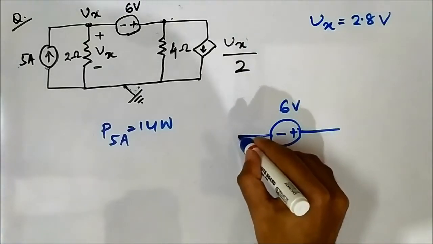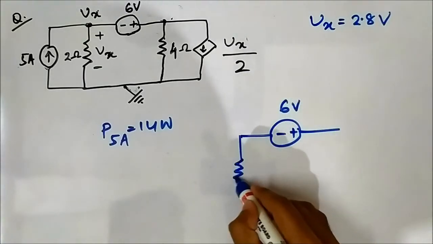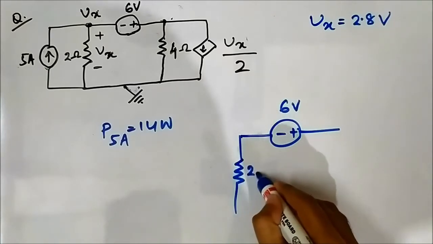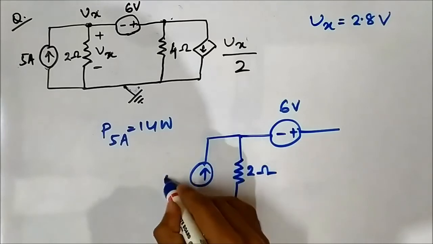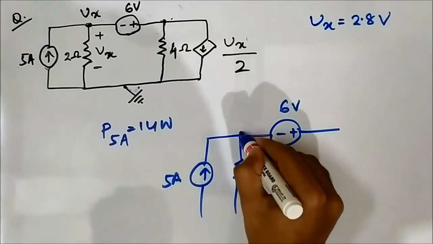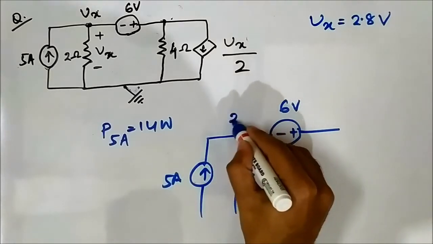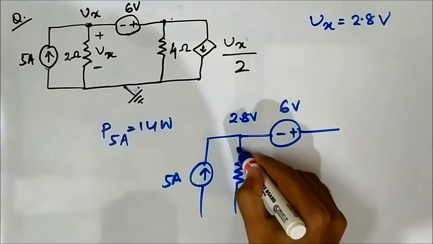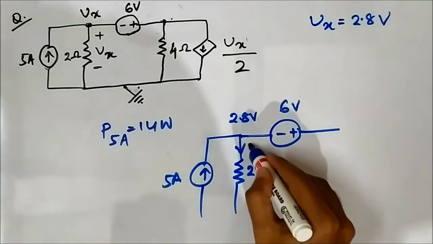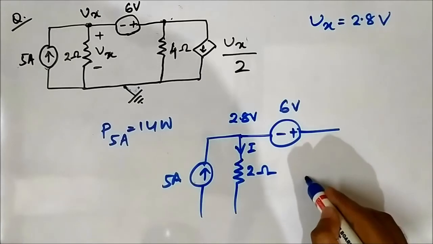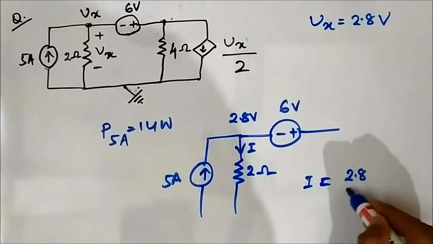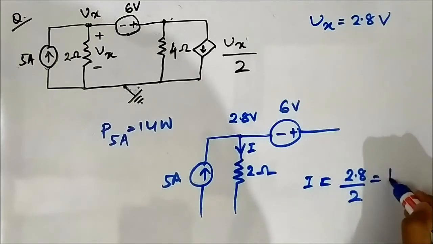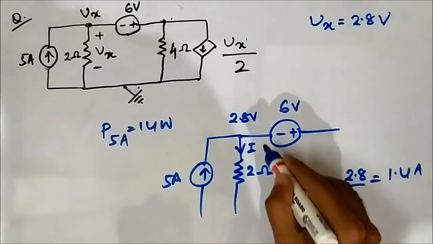Here we have this 2 ohm resistor, here there is 5 ohm, and here it is Vx, which is 2.8 volt. So how much current will flow? I will be equal to 2.8 by 2, which is equal to 1.4 ampere.